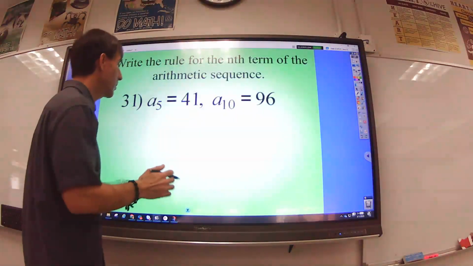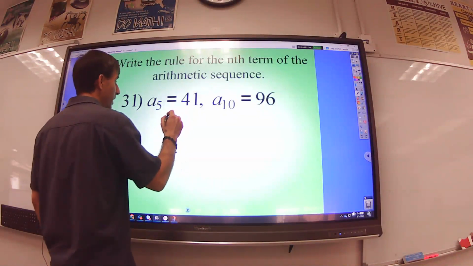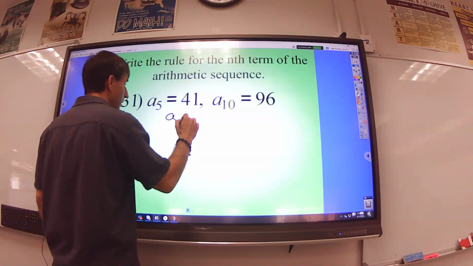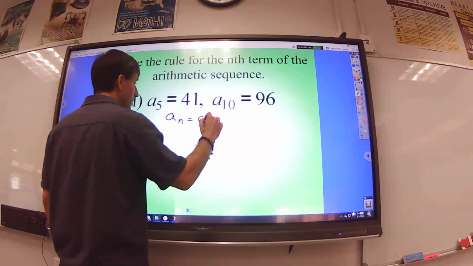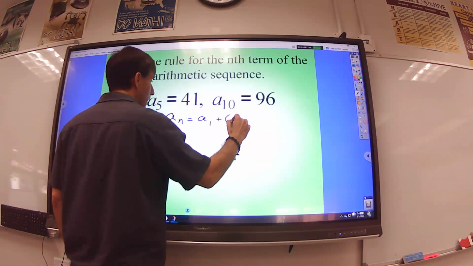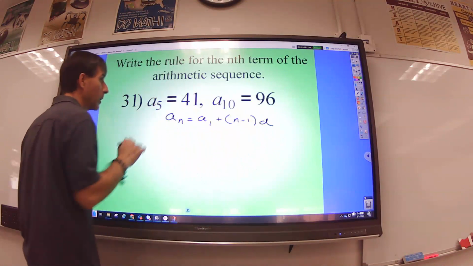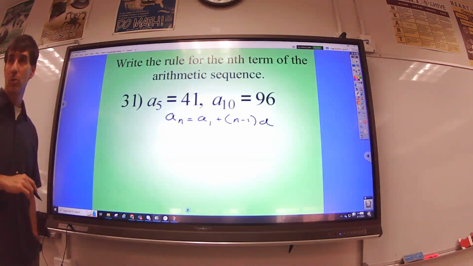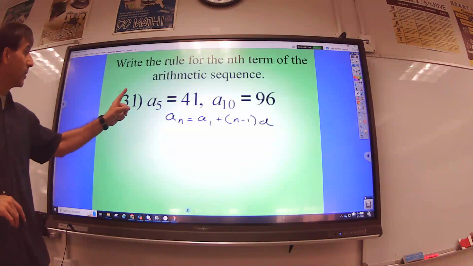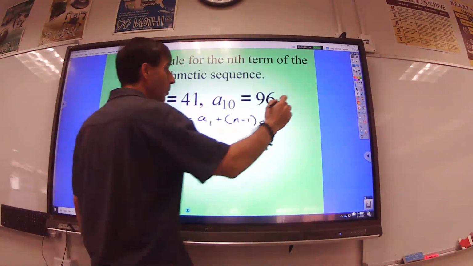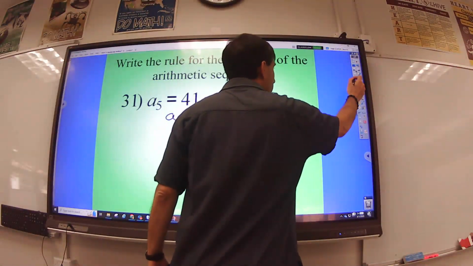It's the arithmetic sequence. And so if it's arithmetic, we say a sub n equals a sub 1 plus n minus 1 times d. If it's arithmetic, that's what we're going to use. Now, I'm given two terms. We do one in red and one in blue.